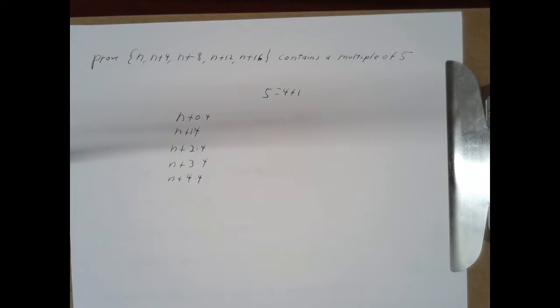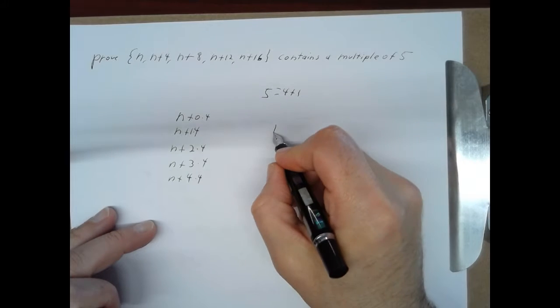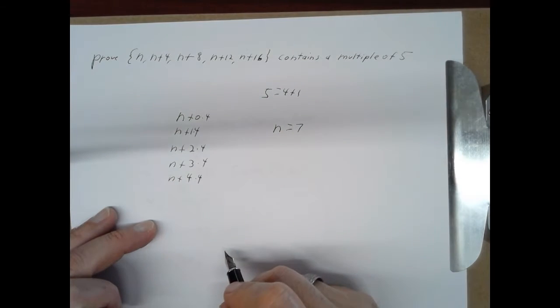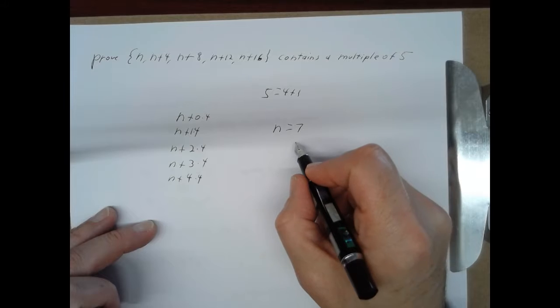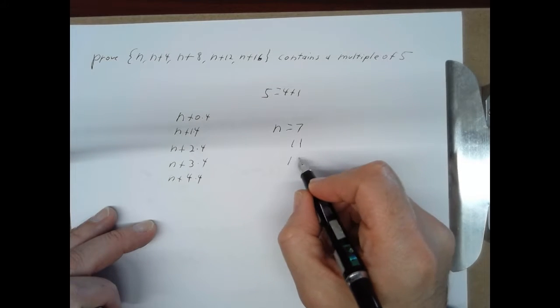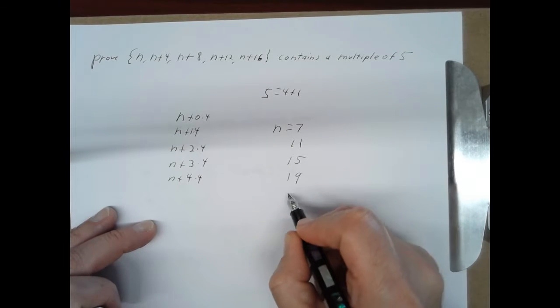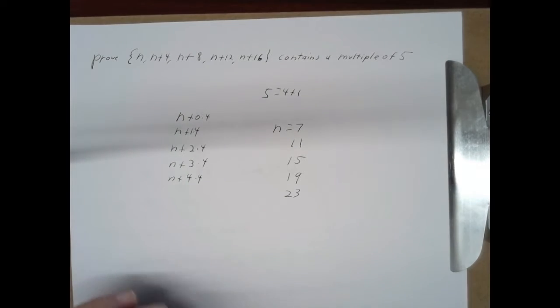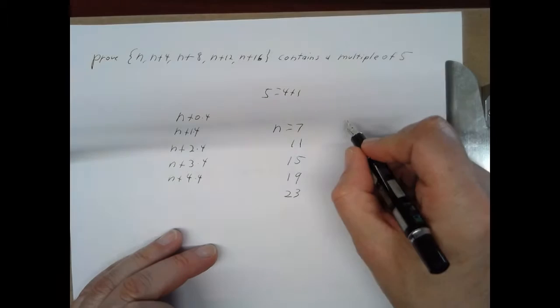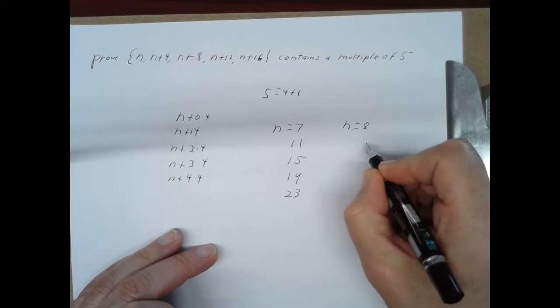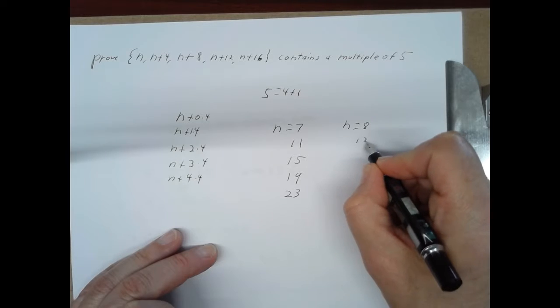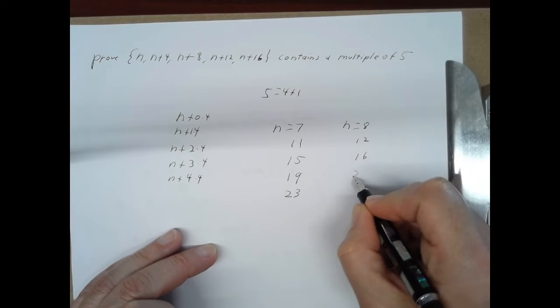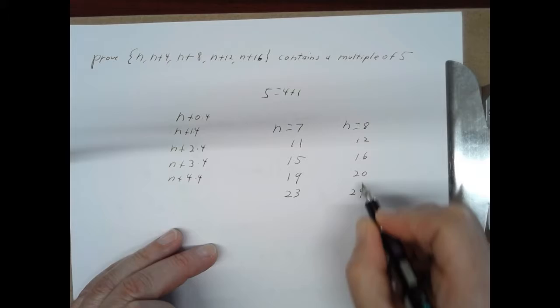So what happens if we pick some numbers, n equals 7? So what do we get? We get 7, we get 11, we get 15, we get 19, and we get 23. And sure enough, there's a multiple of 5 in there. If we pick 8, we get 12, 16, 20, and 24, and there's a multiple of 5.